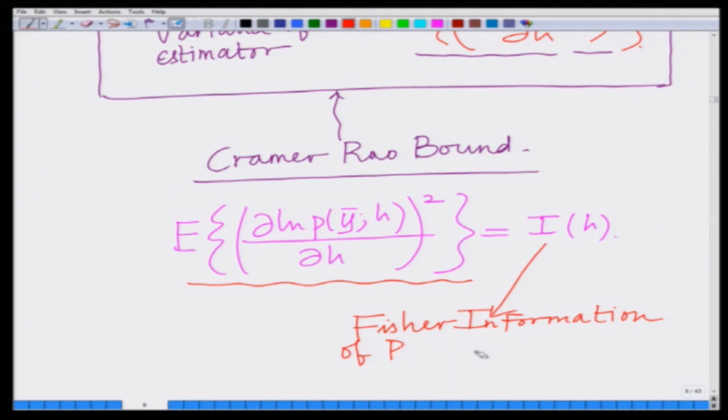The Fisher information of the parameter h. In some sense, this basically quantifies the information that the log likelihood function provides about the unknown parameter h, and therefore, the larger the Fisher information, naturally, the lower is the estimation variance.